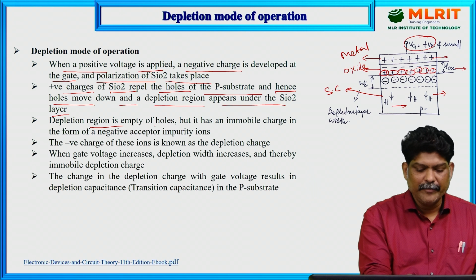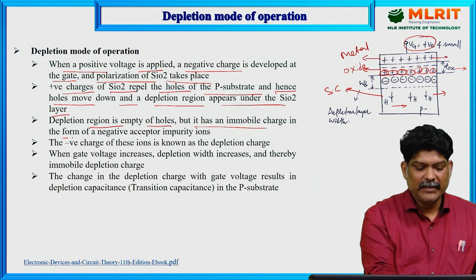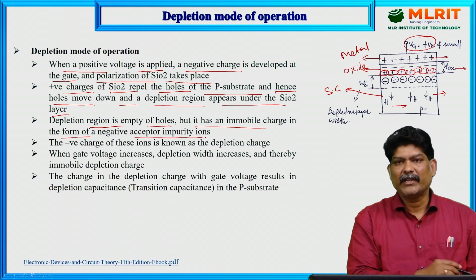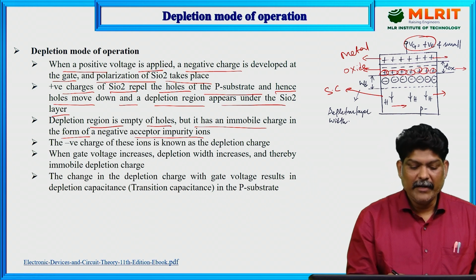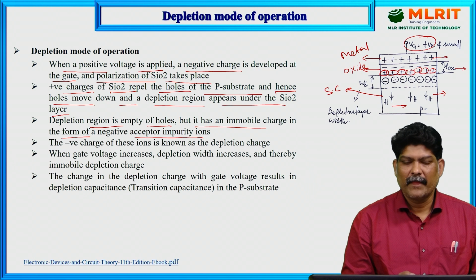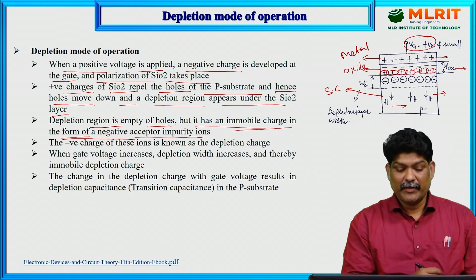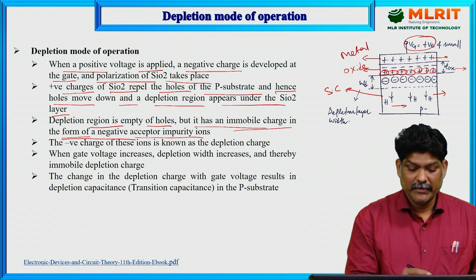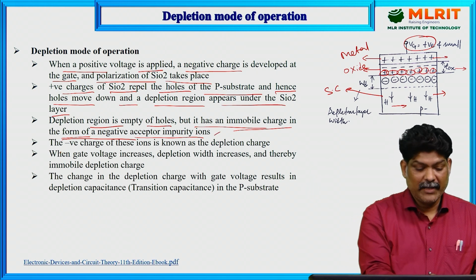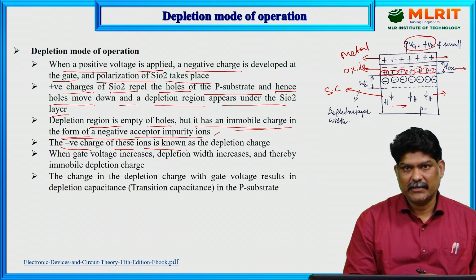The depletion region is empty of holes, but it has an immobile charge in the form of negative acceptor impurity ions. The negative charge of these ions is known as depletion charge.